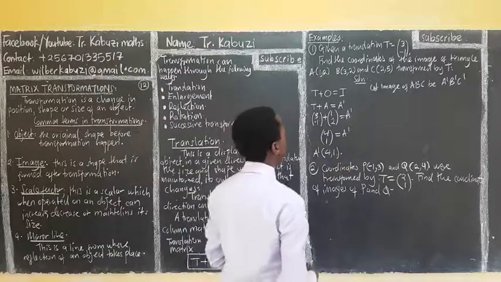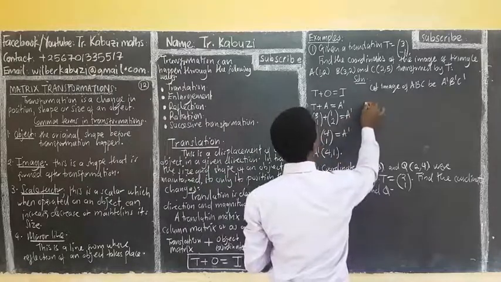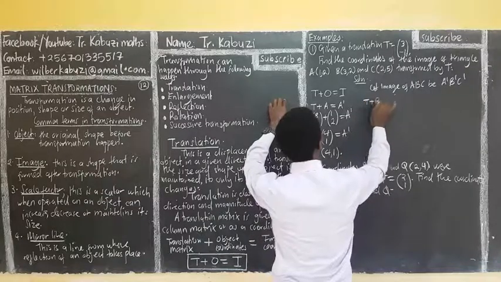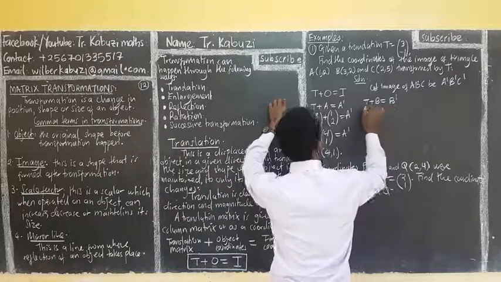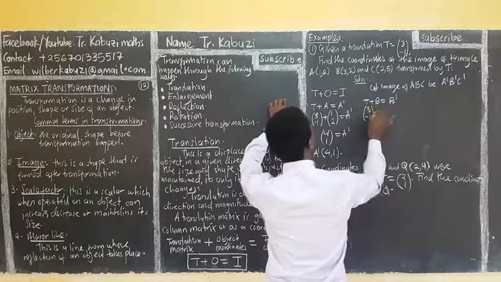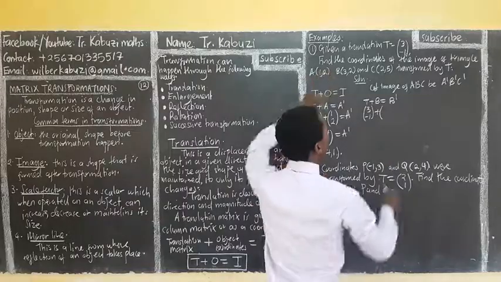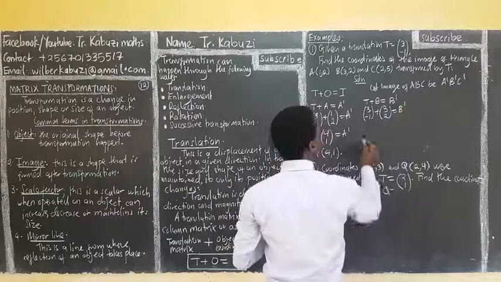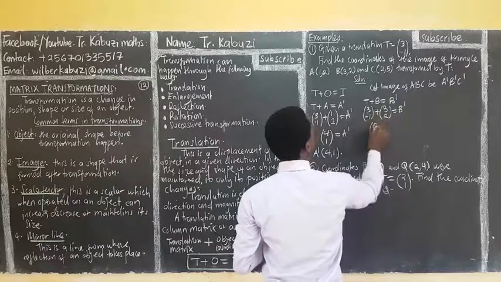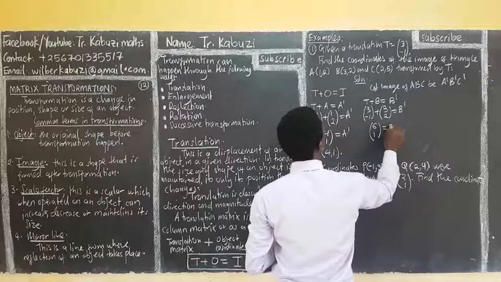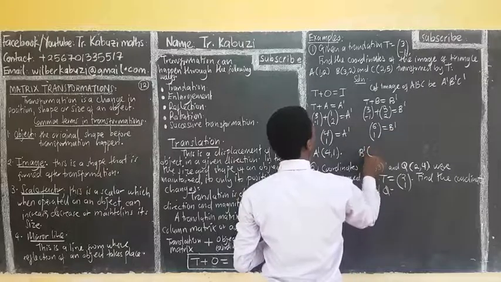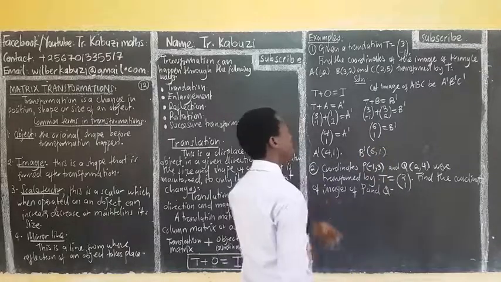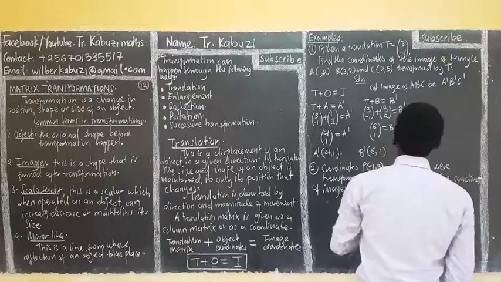When I come to B, consider my T. T plus B is going to give me B prime. So my T, 3, negative 1, plus the column form of B, which is 3, 2, will give me B prime. This is going to give me 6, and then 1. So my B prime, the coordinate, is going to be 6, 1. As we converted them, we also convert them back to coordinates.